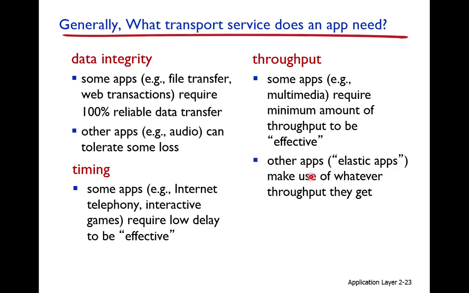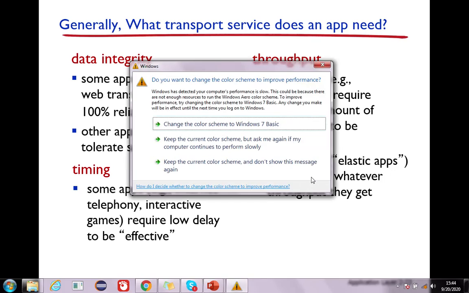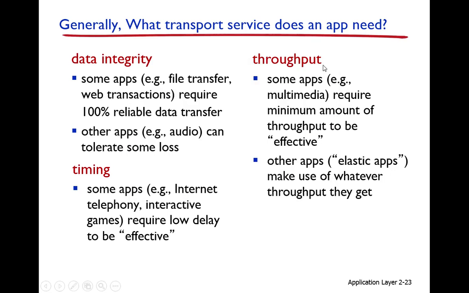If you have 1 kilobyte bandwidth, you cannot watch a live cricket match or movies, but you can download a file, though it may take 3 hours. Low bandwidth will not work for a live movie. Similarly, some applications need security. When the data is transferred, it should be secure, and some don't require that.